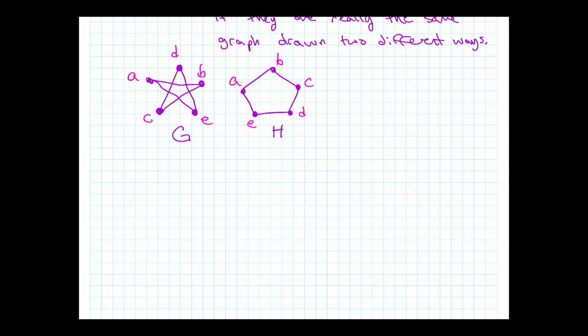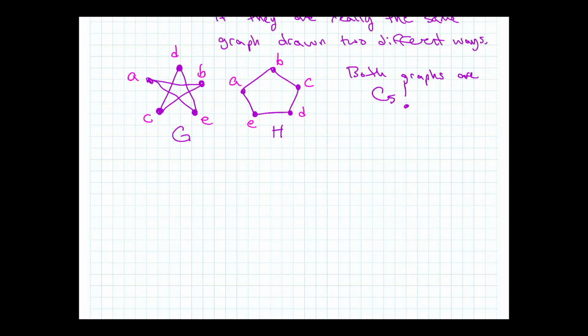If you just trace through the graph, both of these graphs are actually what we called C5. Both graphs are C5, really. Or at least they're isomorphic to C5.